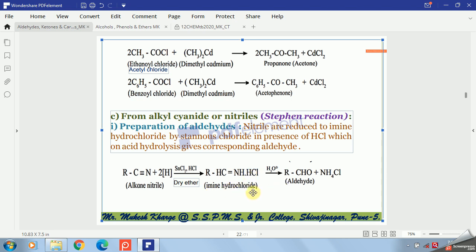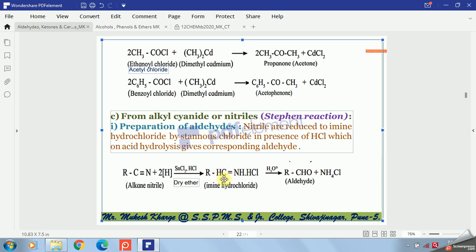So the name of the compound is imine hydrochloride, and then it undergoes hydrolysis in presence of acid, meaning H2O, H plus, that is H3O plus. So break the carbon-nitrogen double bond, add oxygen to this carbon and hydrogen to nitrogen.